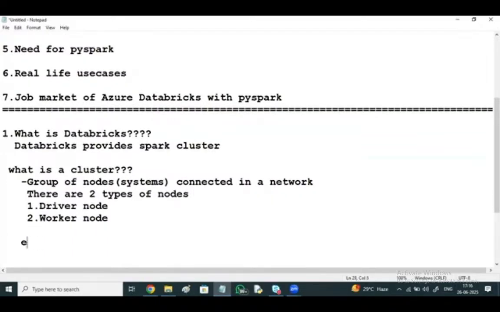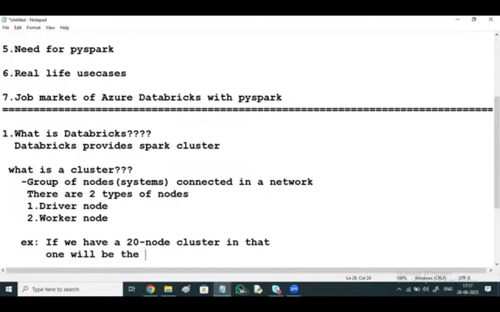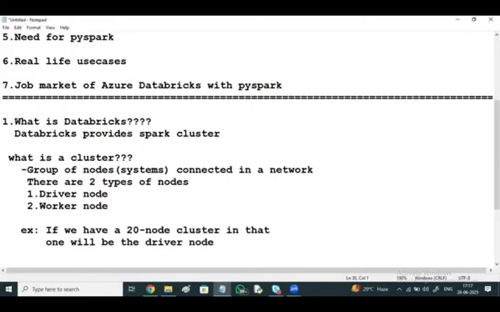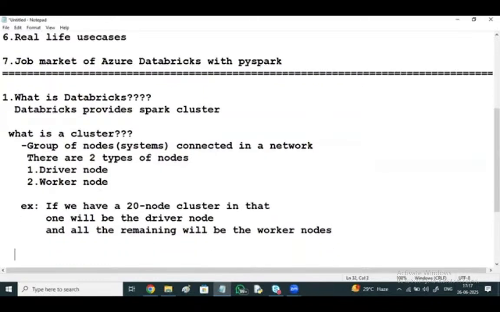For example, if you have a 20 node cluster, one will be the driver node and all the remaining will be worker nodes.